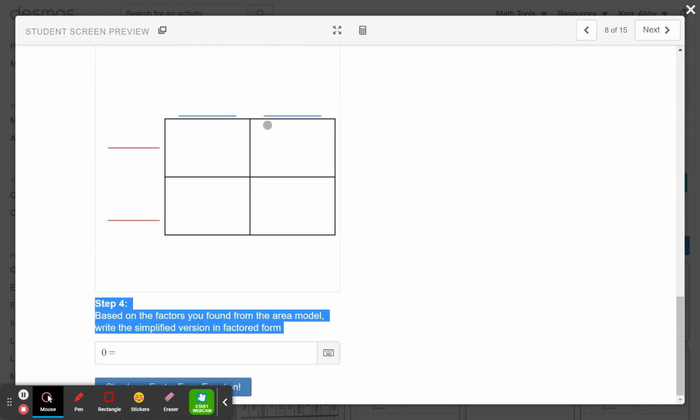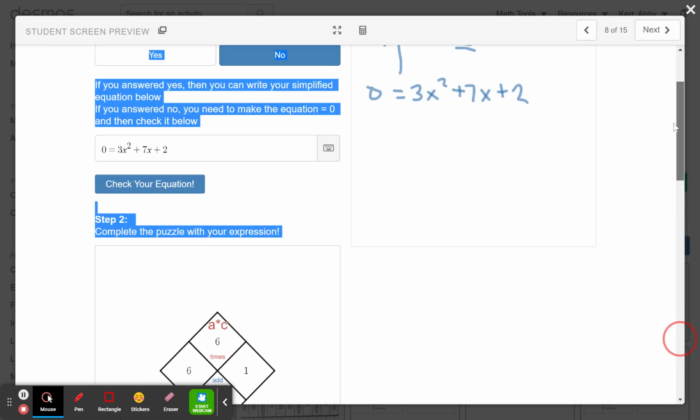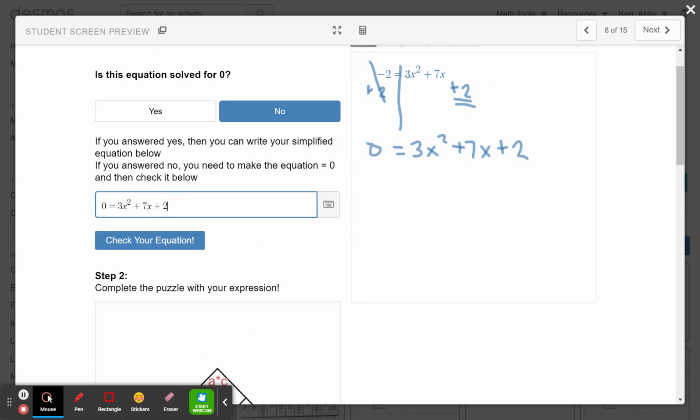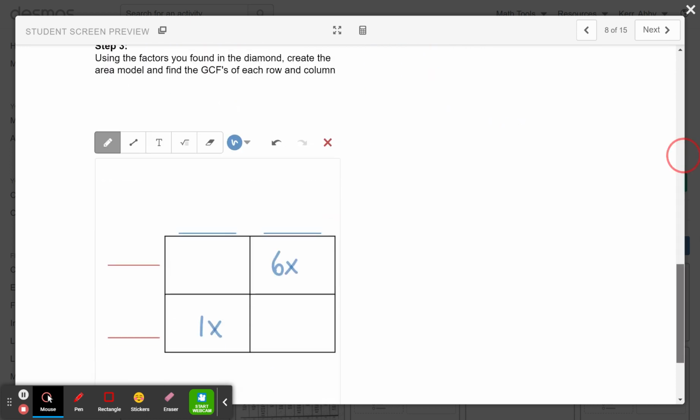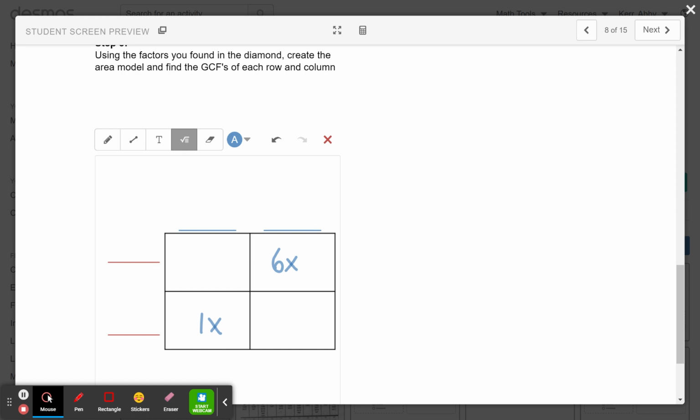So remember, that splits it up 6x, 1x. You have to go back to this equation right here. It is in standard form. You solve for 0. So in this equation, 3x squared is your first term.